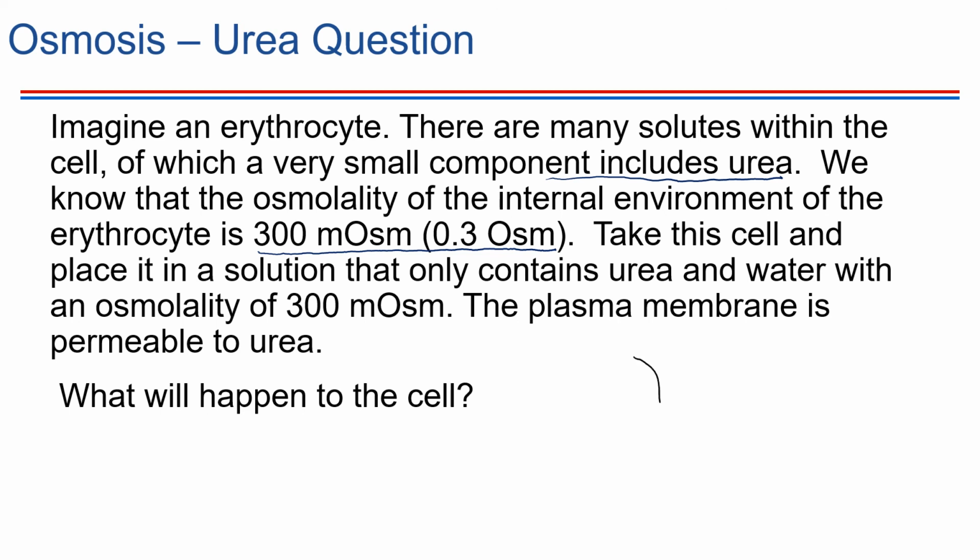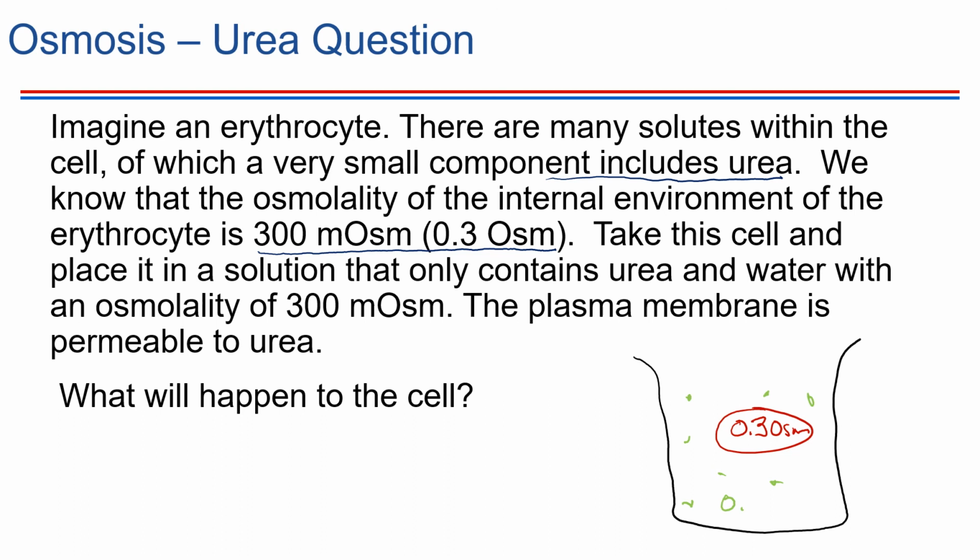Here's a beaker, and in this beaker we're going to have a red blood cell that we know is 0.3 osmoles, and we put it in a solution that contains urea out here, and this urea is exactly 0.3 osmoles of urea. That's all that this solution is, just urea and water.